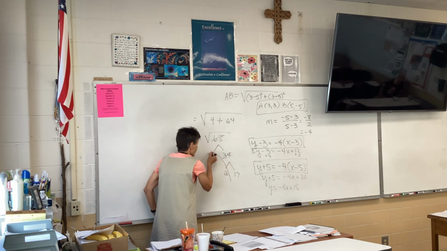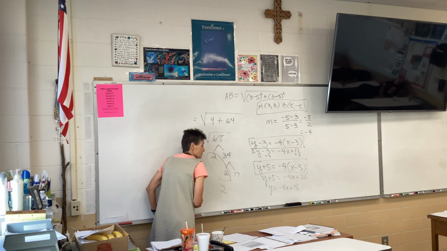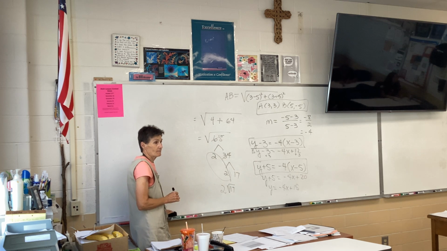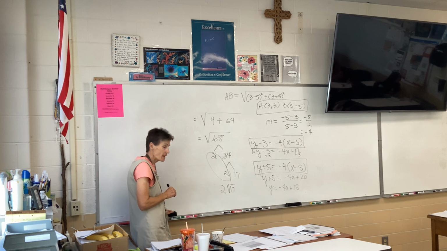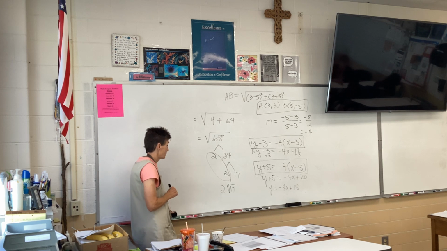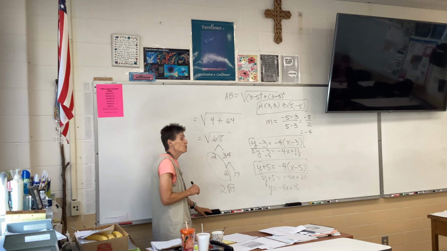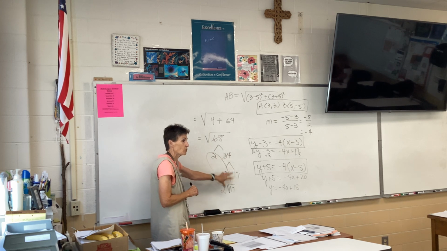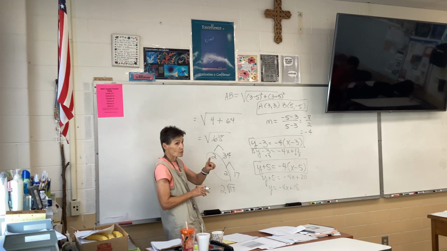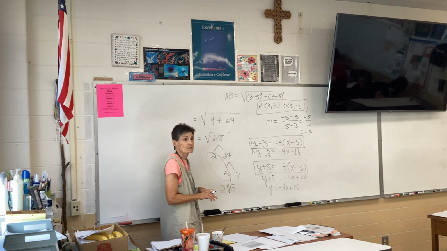So out will come a 2 and in will stay a 17. If, like on the quiz, we've done the 68, we just know it's 2 root 17. Absolutely. You guys, if you can reduce radicals or do some work in your head, that's fine. You don't need to go through all the steps. But for those of you that can't, these are the steps we go through.